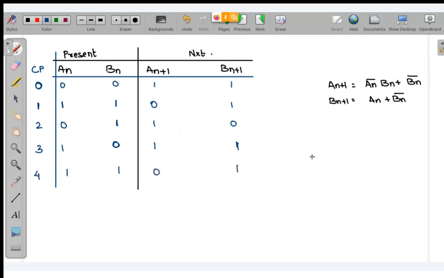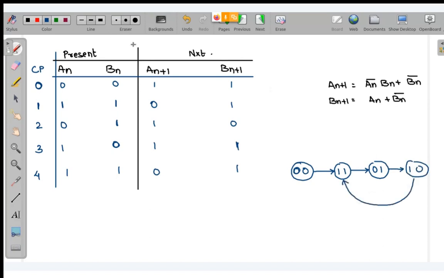So this will go on and on. From 0 0 you went to 1 1. From 1 1 you went to 0 1 in the next clock pulse. From 0 1 to 1 0. And again from 1 0 to 1 1.